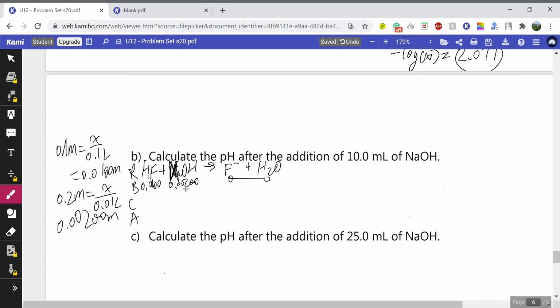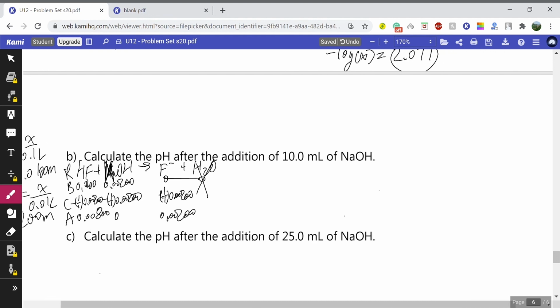So it'll be 0 for initial, and which one's the limiting reactant? This one's the limiting reactant, so it's going to be minus 1 over 1 times 0.00200, minus 0.00200. It'll be plus 0.00200 for the product, and water we don't really care about. So this will be 0.0100 minus 0.002, which is 0.00800. This will be 0, and this one will be 0.00200.